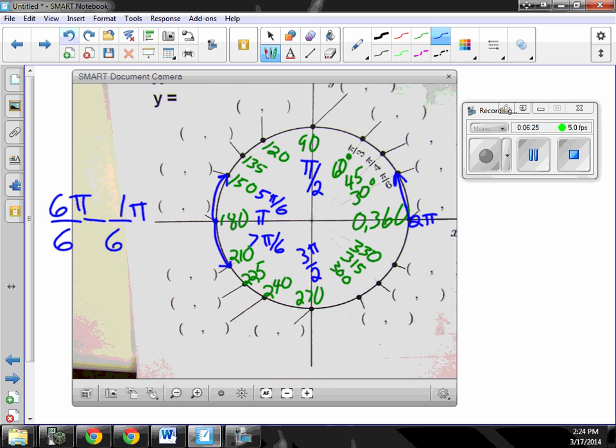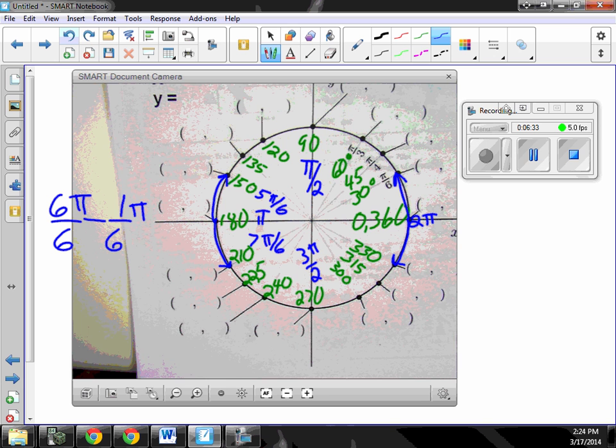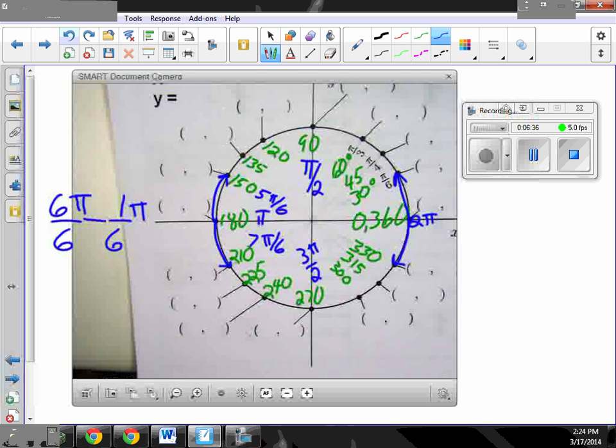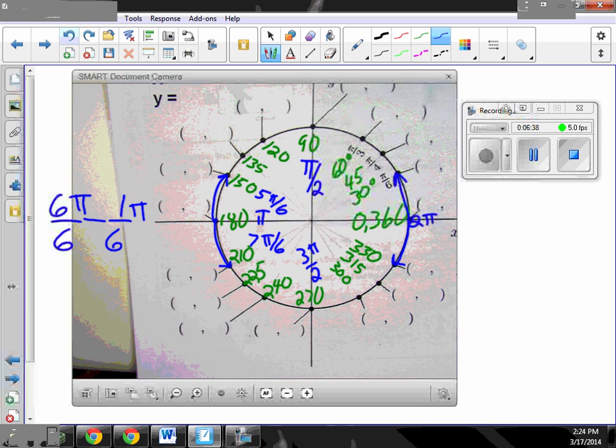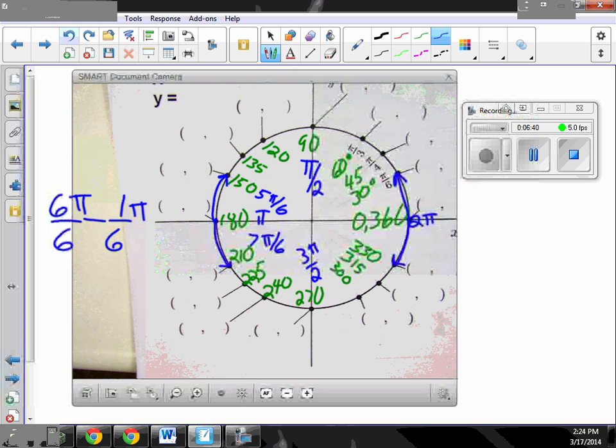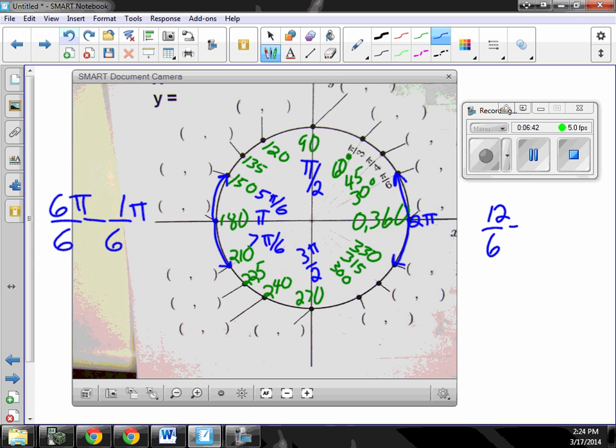And then if we go from 2 pi and we backtrack 1/6, what is that going to be? And how did you get 11? 12. So this is 12 over 6 minus 1 over 6 is 11 over 6. So this is 11 pi over 6.